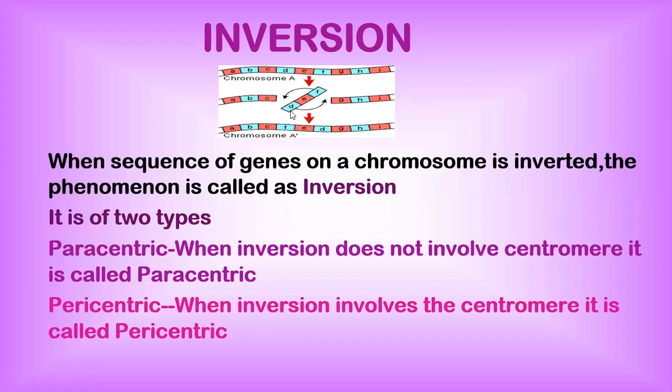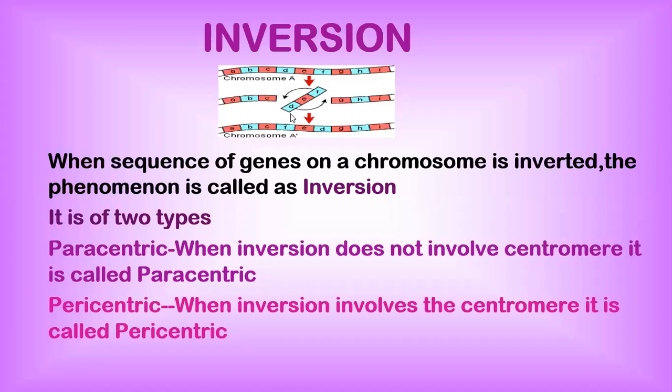You can see in this picture, the chromosome is showing the genes A, B, C, D, E, F, G, H and I. In the second picture, you can see that after the gene C, the chromosome has broken and it is getting inverted.